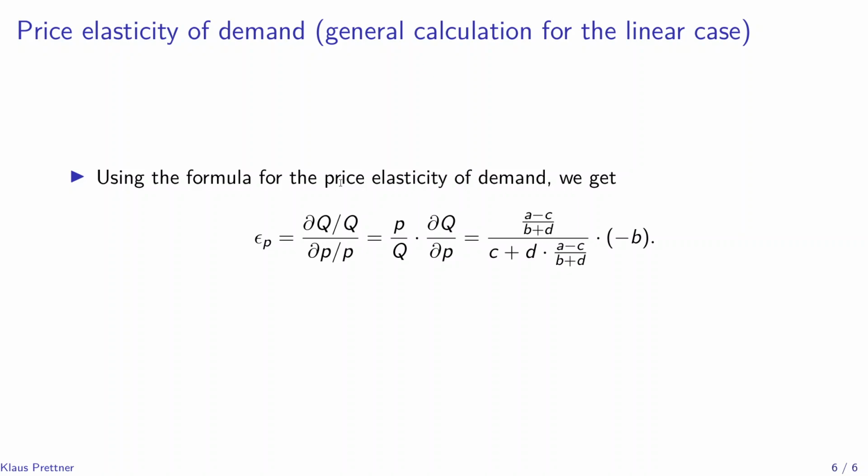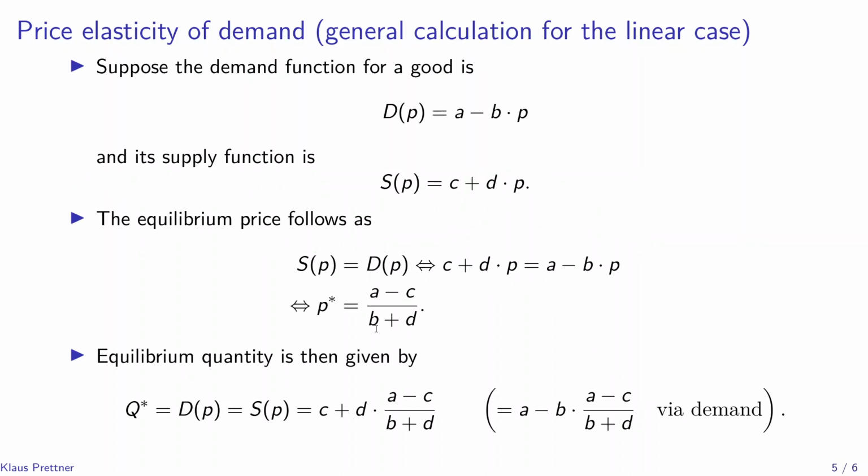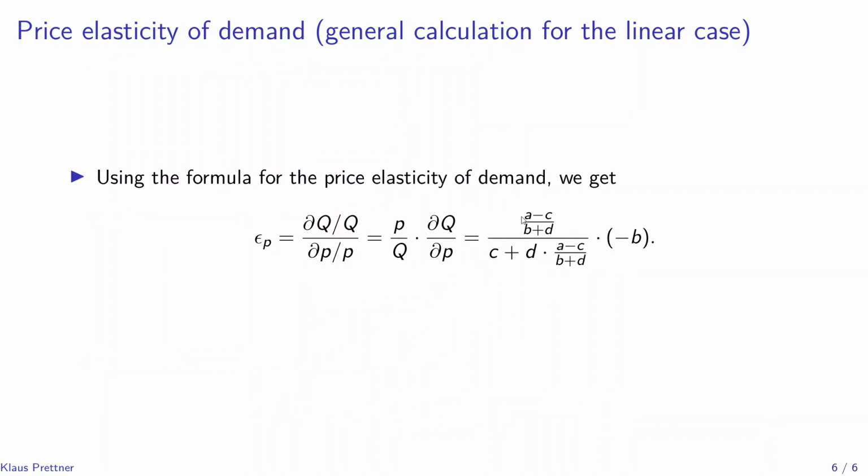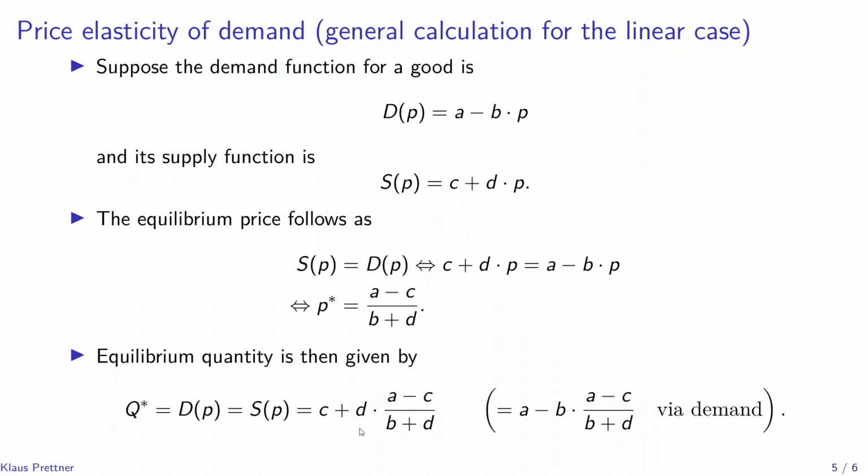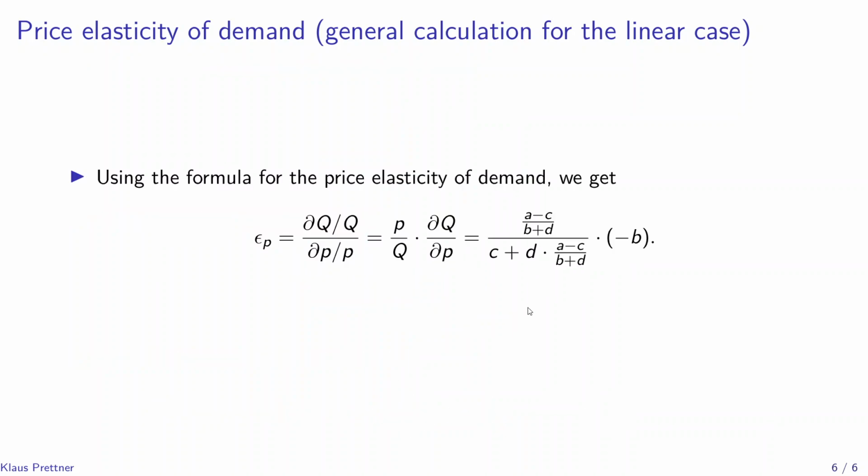Well, and then we can again use the formula for the price elasticity of demand. We use the continuous case again, where epsilon p would then be the price level over the quantity. If we take these numbers from the previous slide, we get for the price (a minus c) over (b plus d). So that's the numerator here. For the quantity, we get from the previous slide c plus d times (a minus c) divided by (b plus d).